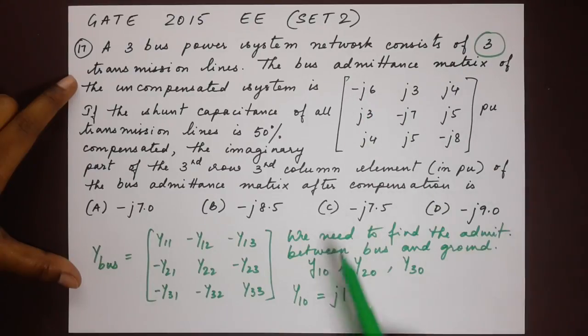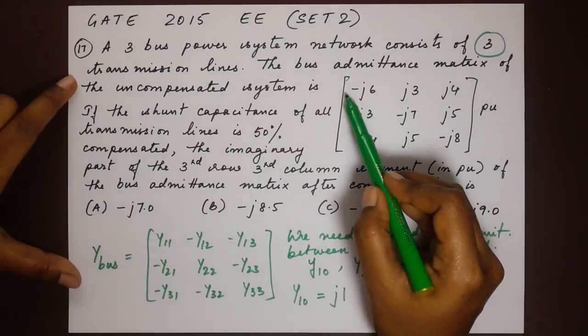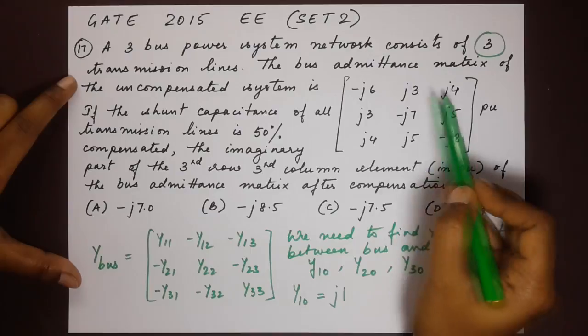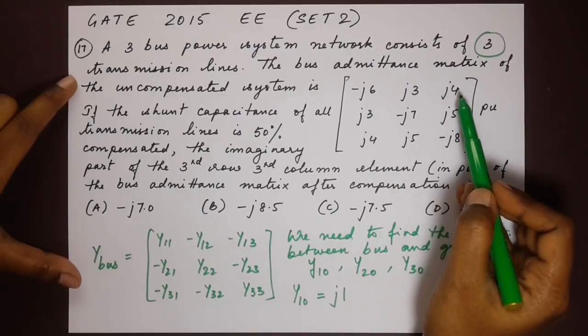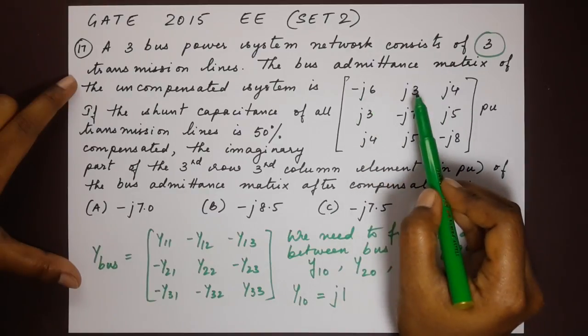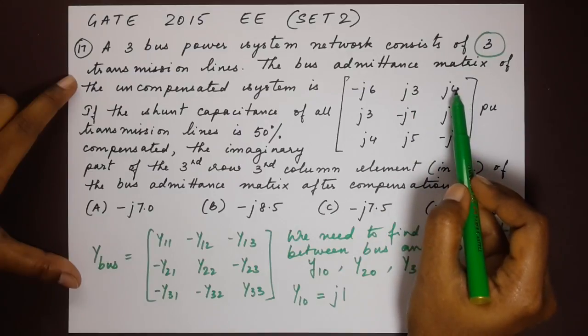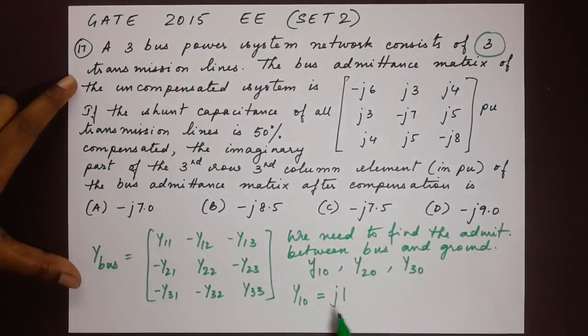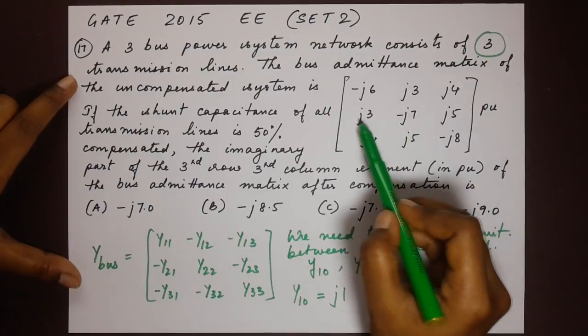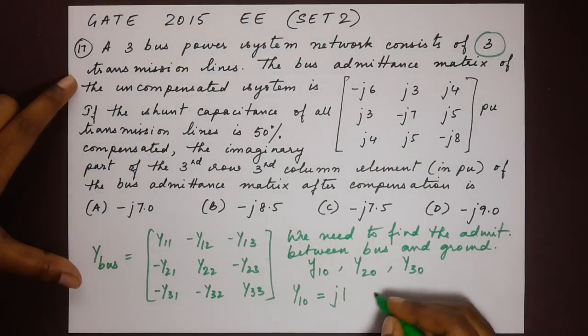Now in order to find out Y10, we will have to add the elements of the first row. Add the elements of the first row and see what you get. Minus 6 plus 3 plus 4. So you get j1. Similarly, add the elements of the second row to get the value of Y20.